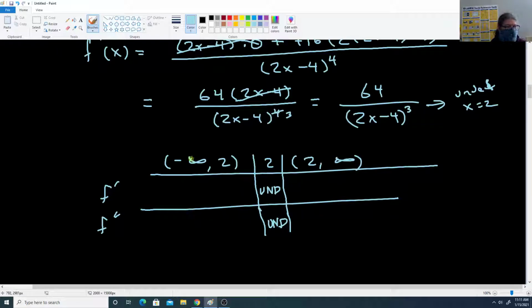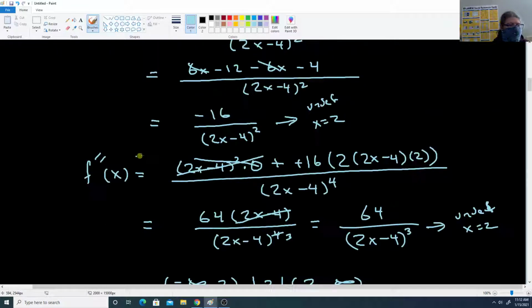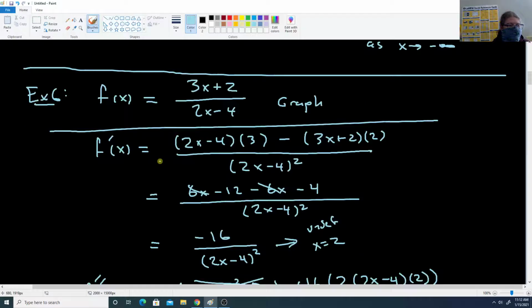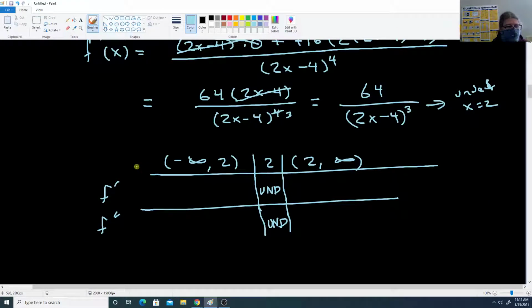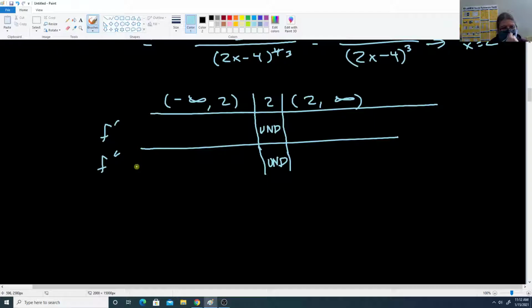And then we'll take a number to the left of 2 and the right of 2 for the second derivative and see what happens there. And then after that, we'll need to look at the limit. Since it's a rational function, we'll need to see what the limits approach. That'll tell us what our horizontal asymptote's doing.